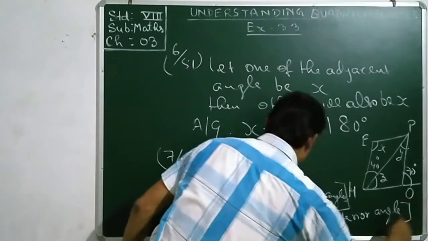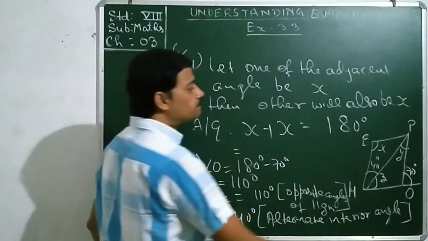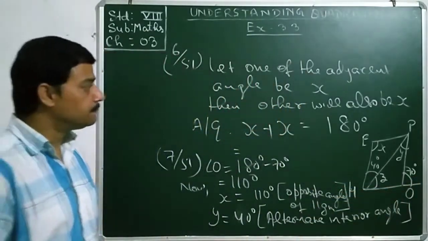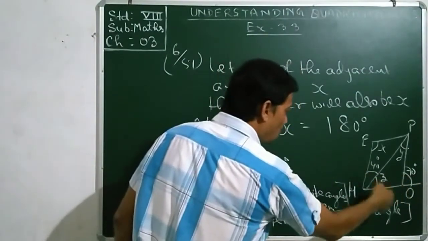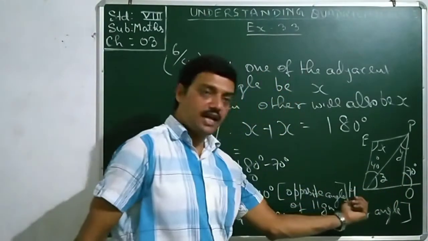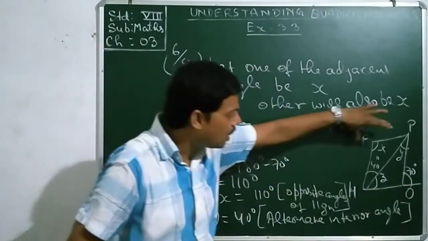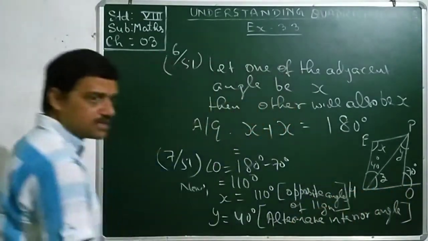And finally the Z. See, when this angle is 70 degree and this whole angle, that is angle H, this is corresponding to this angle, because these are two parallel lines and this is a transversal.